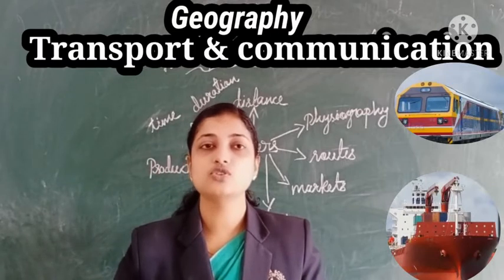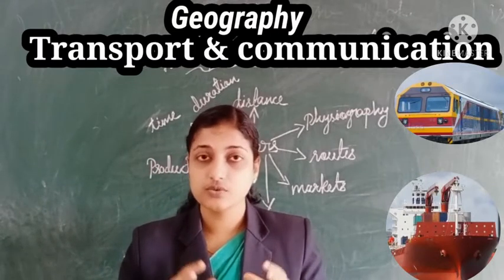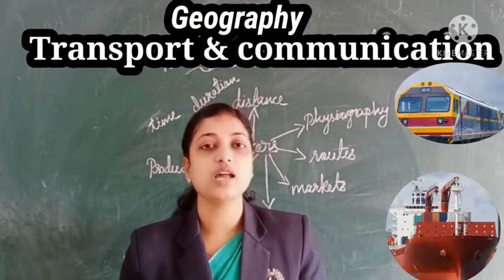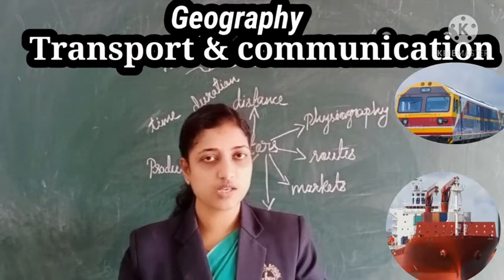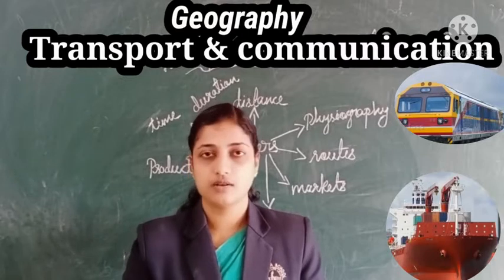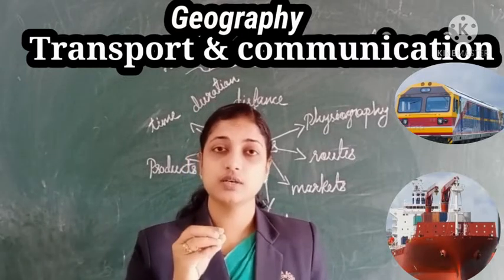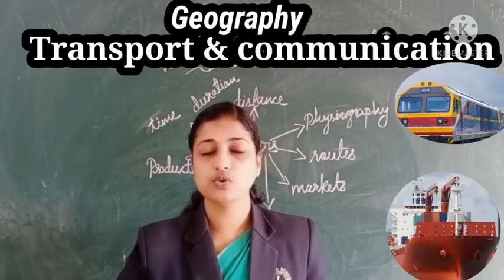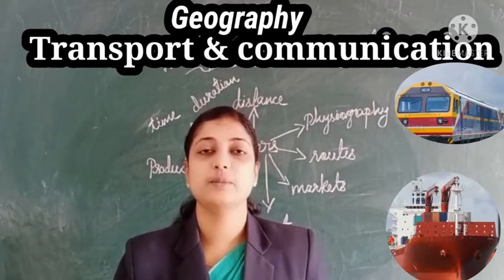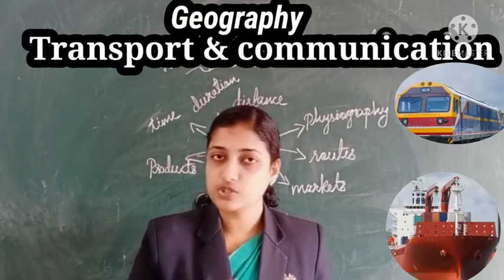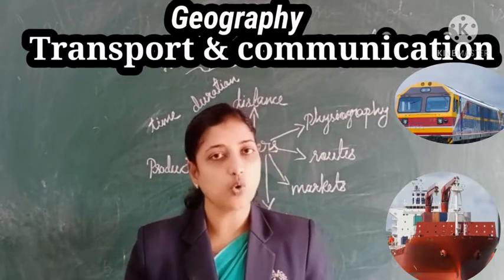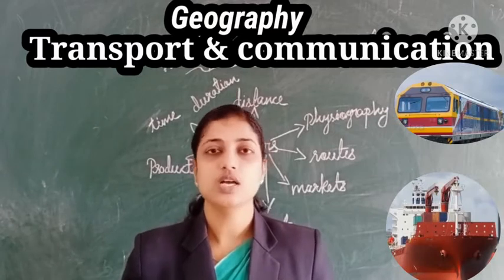So the product and its duration also play an important role. If the goods spoil very fast, then we have to select the transportation system that reaches earliest, and is it possible for me to afford that cost? So we have to consider all these things.